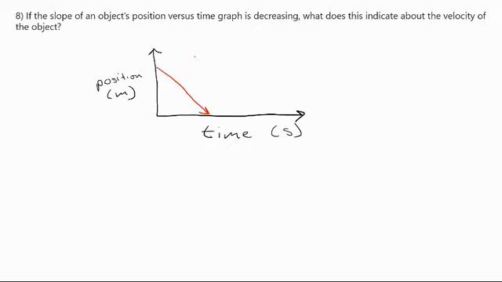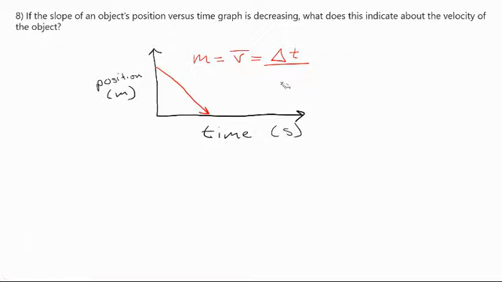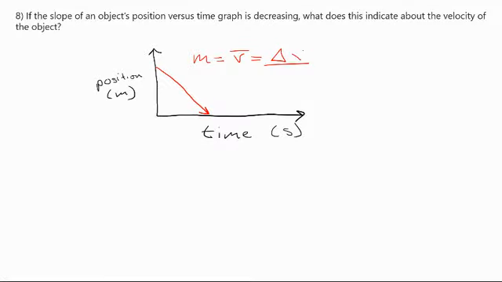So remember that the slope is really the velocity, which is going to be the change in time. Oh, I'm sorry, I did that backwards. It's the change in position over the change in time, right?